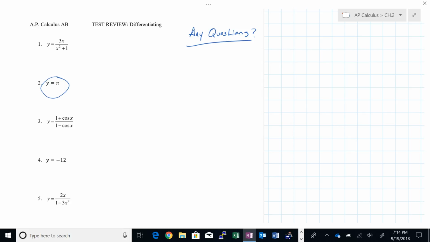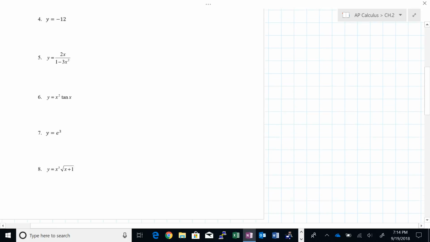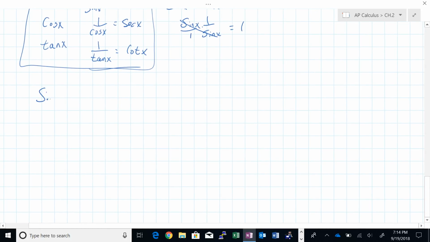Should we focus on the Pythagorean ideas too? No, let's not go that far yet. Okay? Ariana's asking about the Pythagorean versions of them. And what she's talking about is, remember this stuff? Sine squared plus cosine squared of x equals 1.